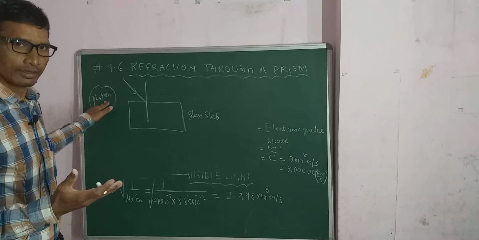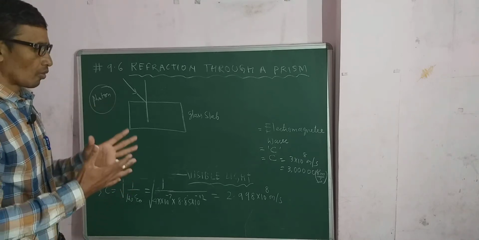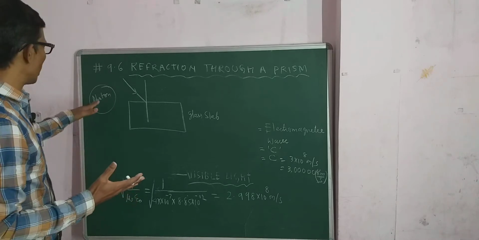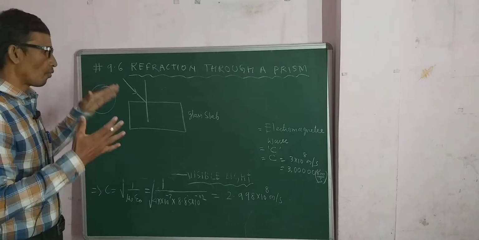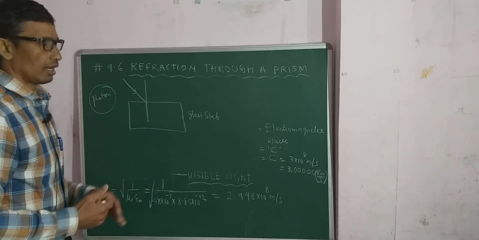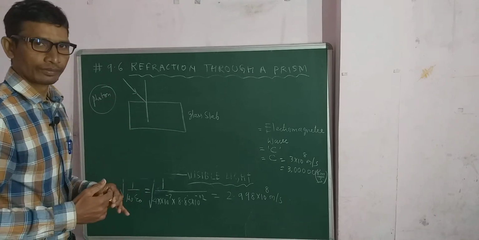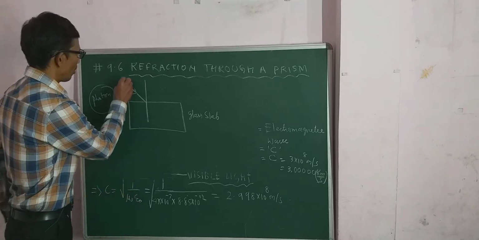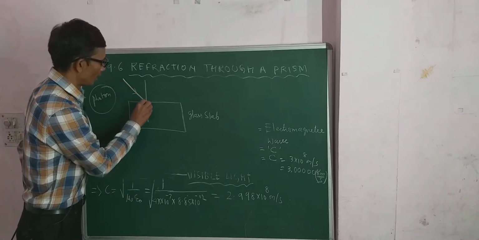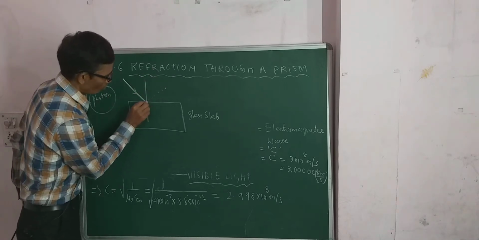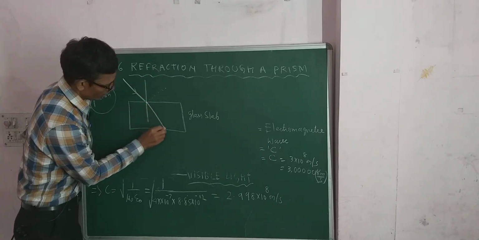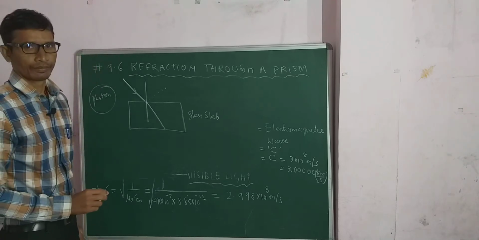Light is the quantum theory. So there will be a huge number of photons, and they propagate in a particular way. The number of photons strike here, and some are reflected, and a huge number of photons travel in this direction.